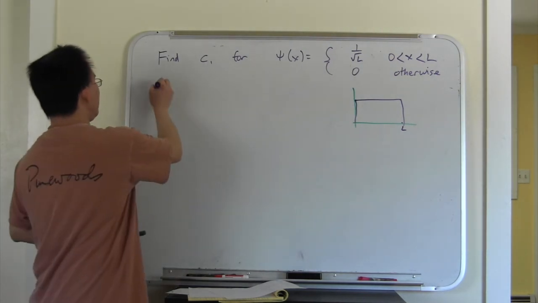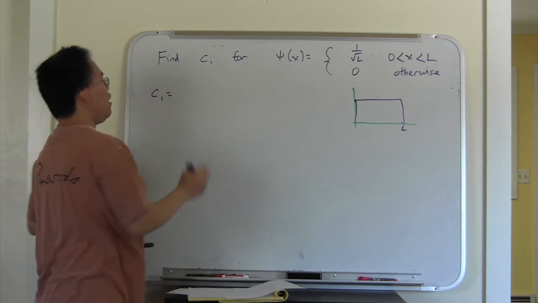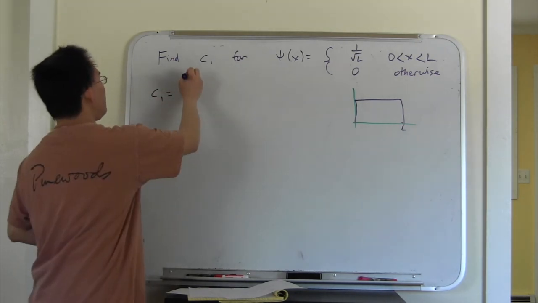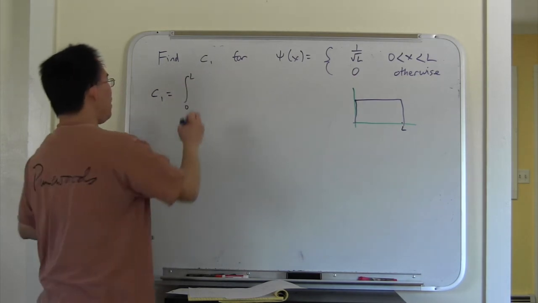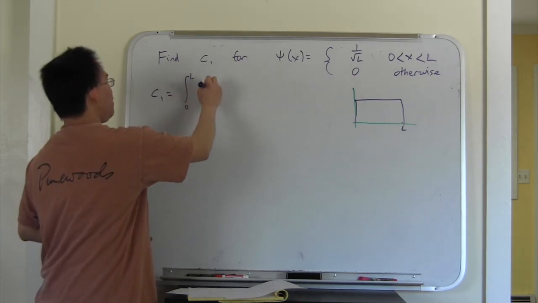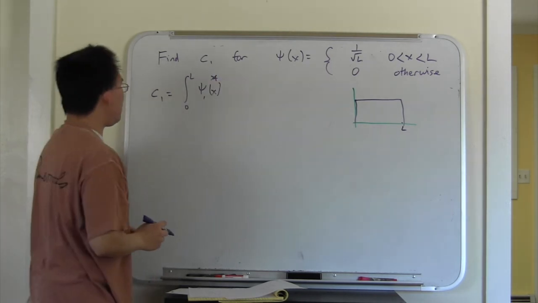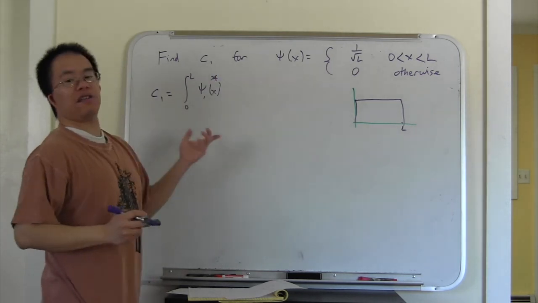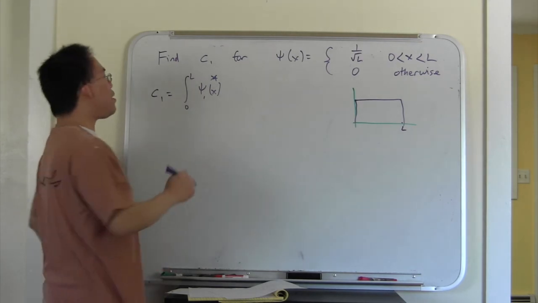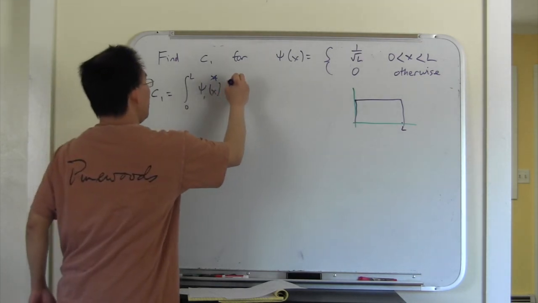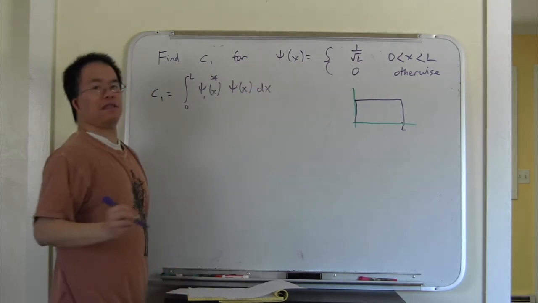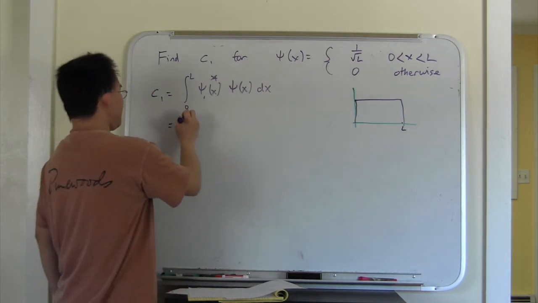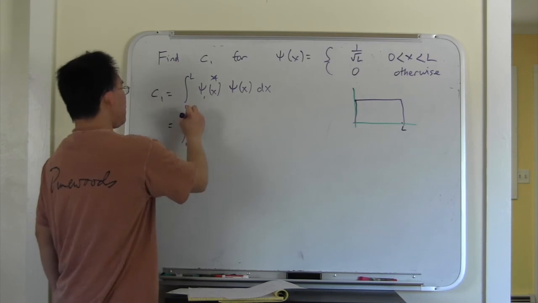So, right, the C1 expansion coefficient, as we've seen, is going to be given by the integral from 0 to L of my psi 1 of x star. And here my stationary state is real, so I don't have to worry about the complex conjugation, times my arbitrary wave function psi of x dx, right? So let's do this.